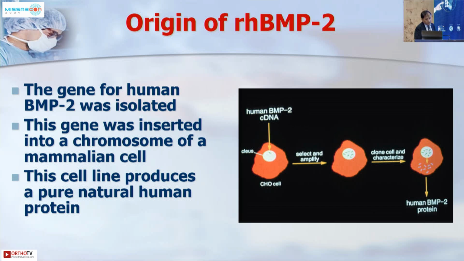The origin of rhBMP is shown here. Human BMP2 was isolated. The gene was inserted into a chromosome of a mammalian cell, and the cell line produced a pure natural human protein that was isolated and given.